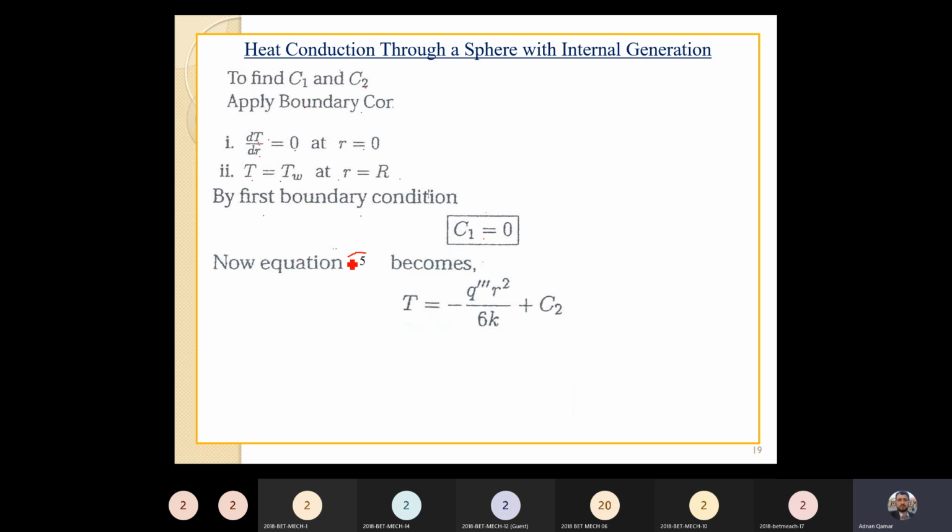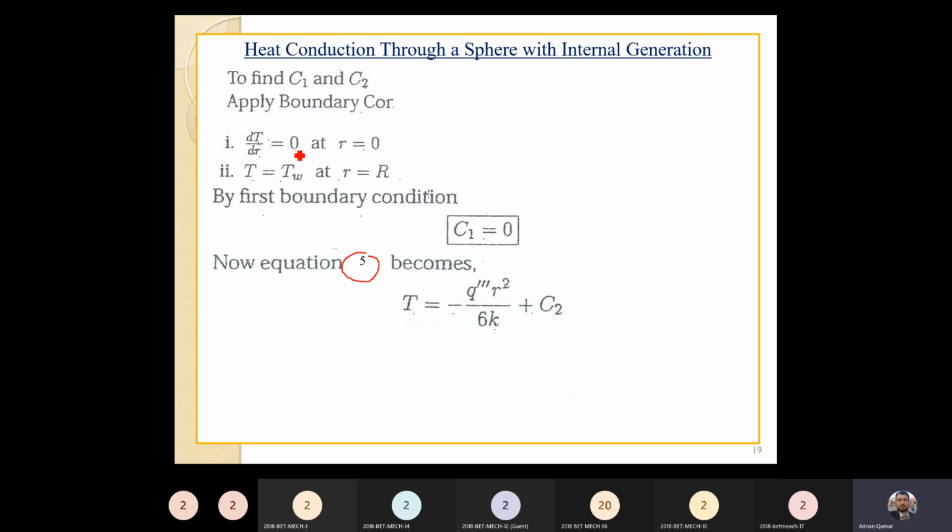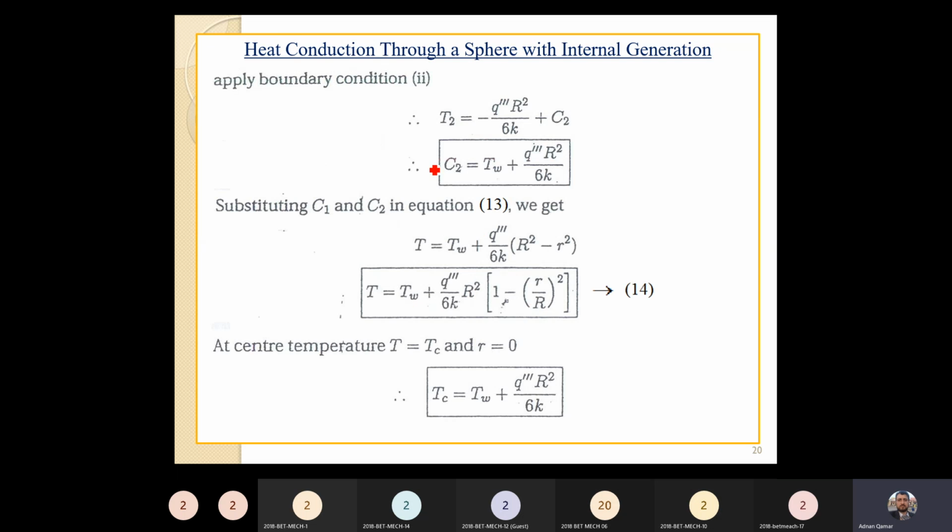Maybe mistakenly it is written here 5. T is equal to minus q triple dash r square over 6k plus c2, because this parameter becomes 0, c1 equal to 0. Now you need to find the value of c2.